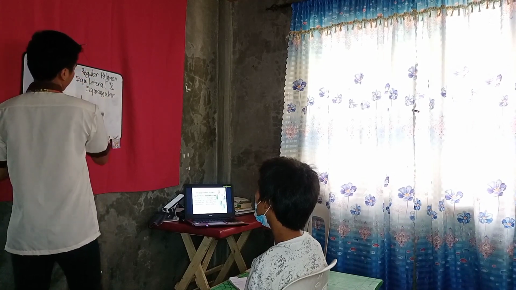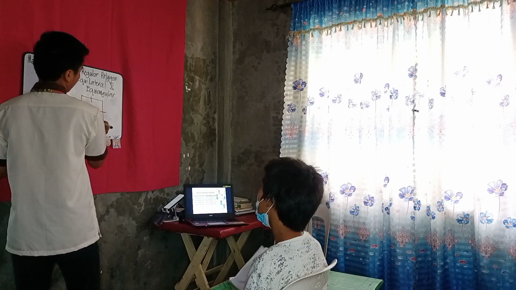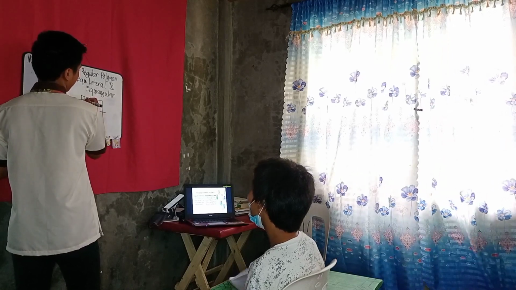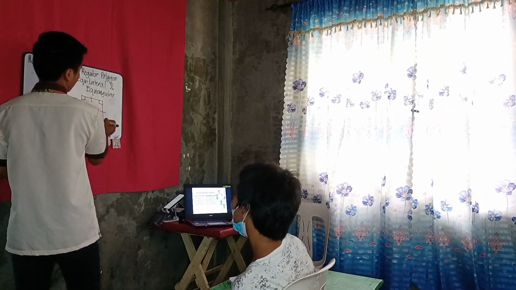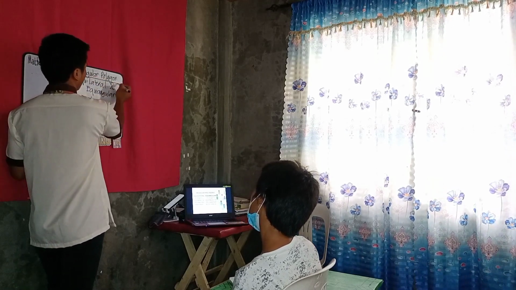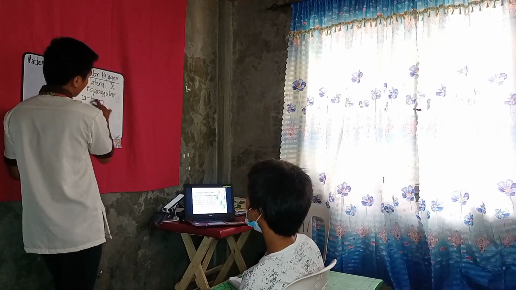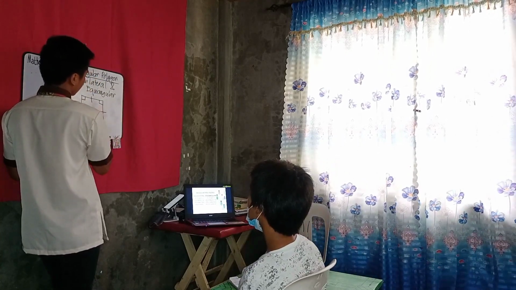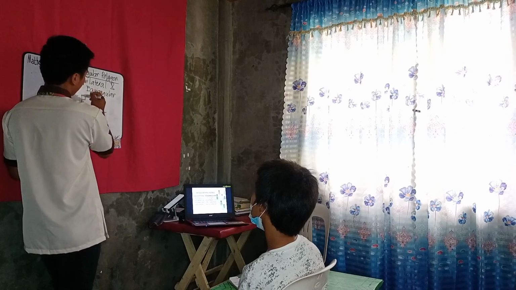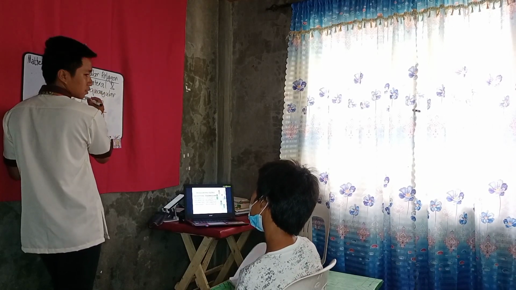Kung yung given polygon natin, equilateral sila, at the same time, equiangular, meaning to say, our given figure is a regular polygon. Yung equilateral, pare-pareho ang sides.